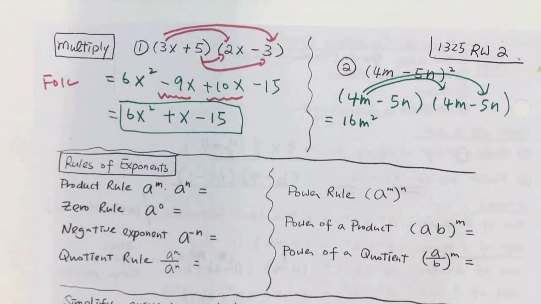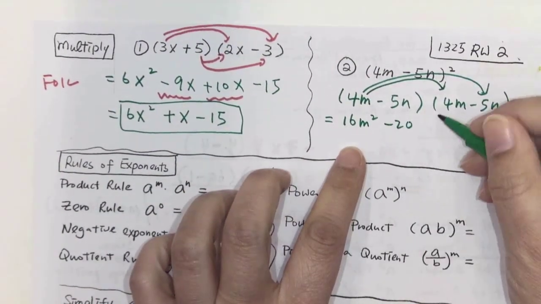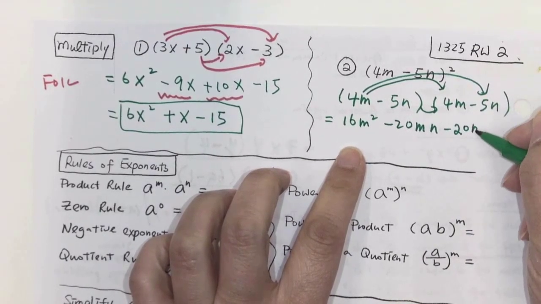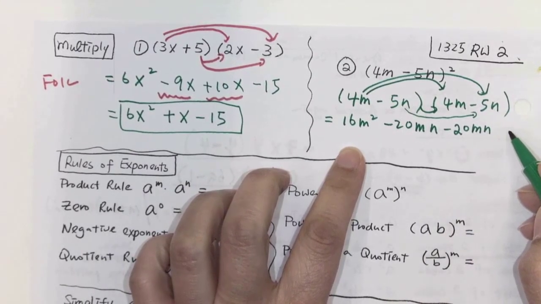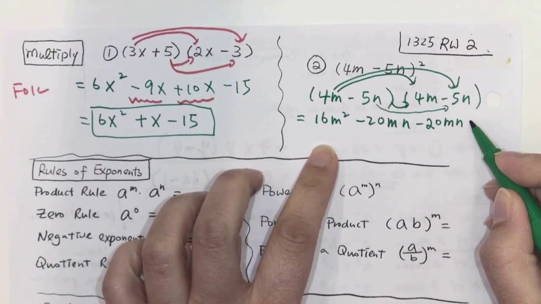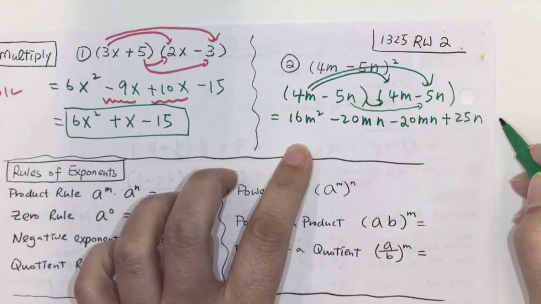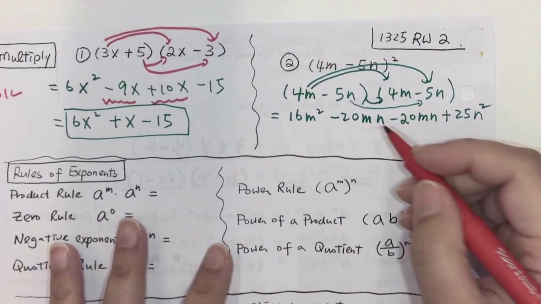4m times negative 5n. Negative 20mn. And then also negative 20mn for that one. The last term, be careful. Good. Negative times negative is positive 25n squared. Anything we can combine? The 2 middle ones cancel out?